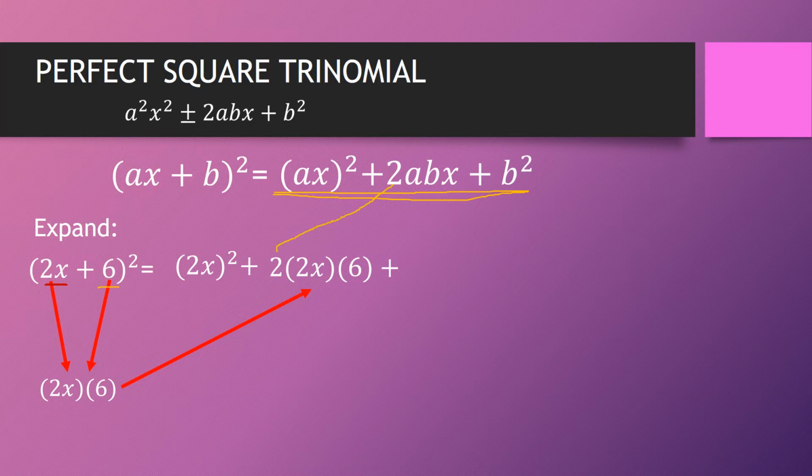Plus this term squared, which is b squared, and now this is 6 squared. Finally, 2 squared is 4, 2 times 2 is 4 times 6 is 24, and 6 squared is 36. And you expand the expression.